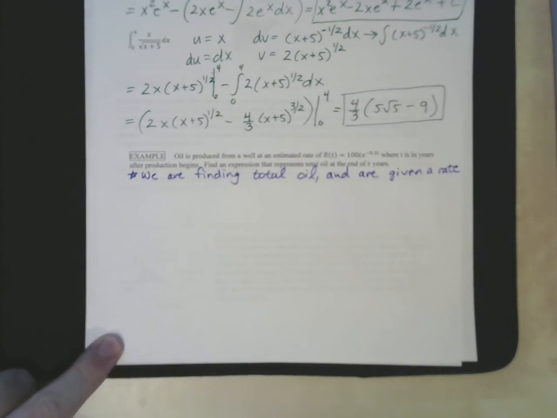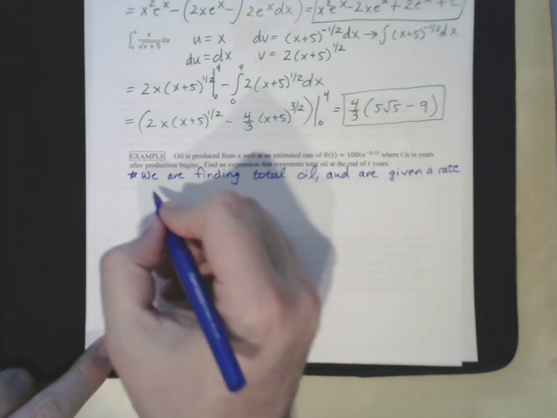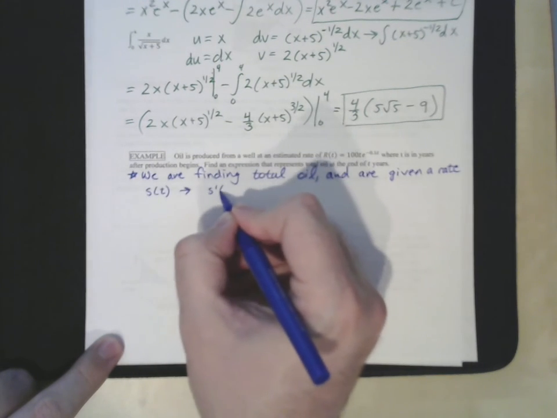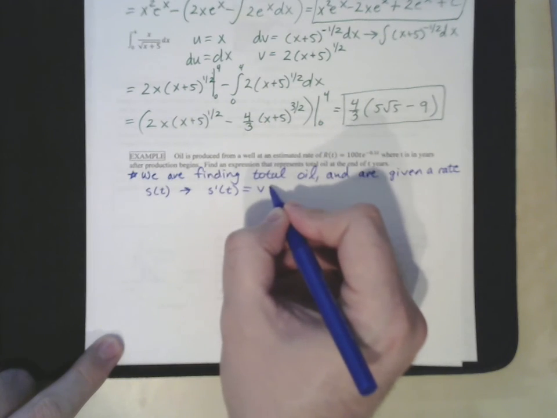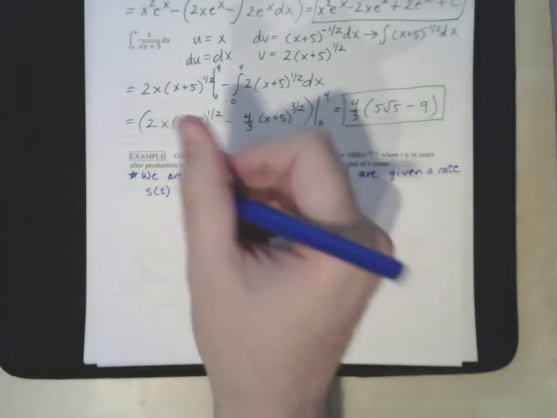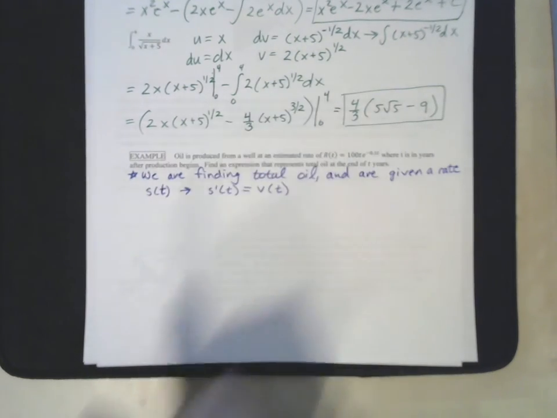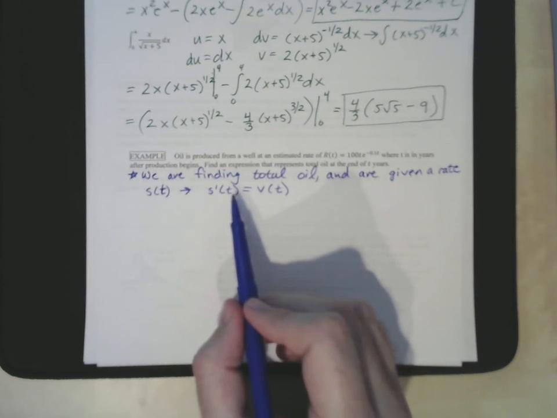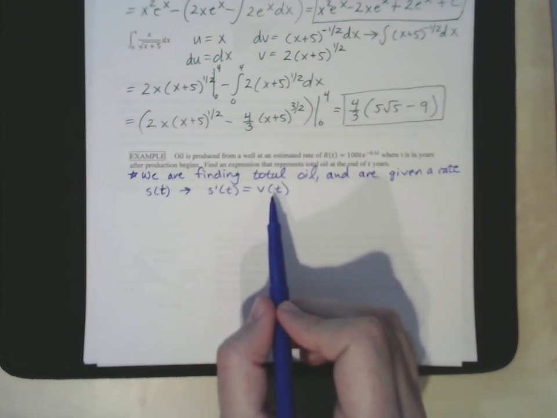Essentially, we're given the velocity. So remember, s prime of t equals v of t. s is the position, right? From chapter 3, the derivative of position is velocity.